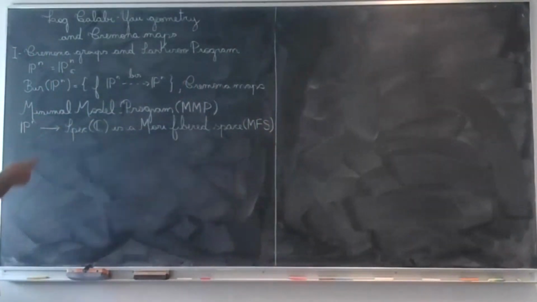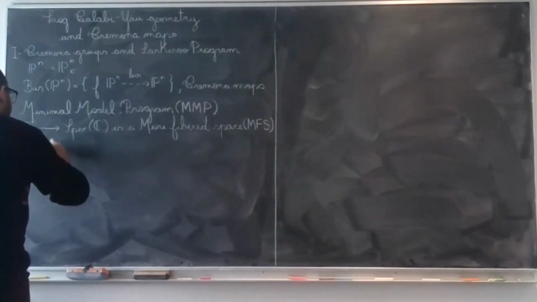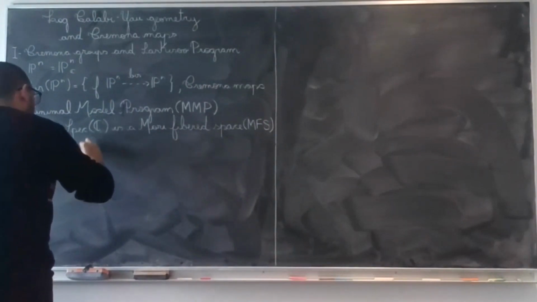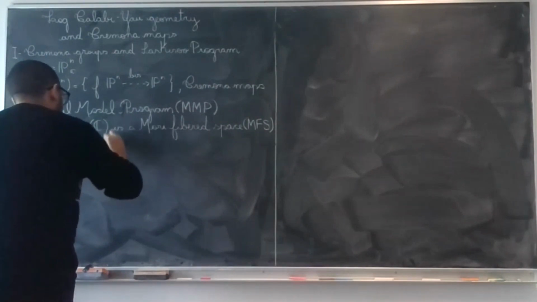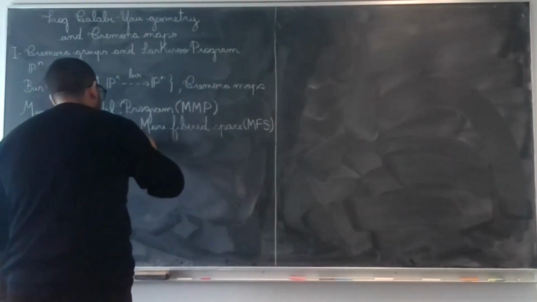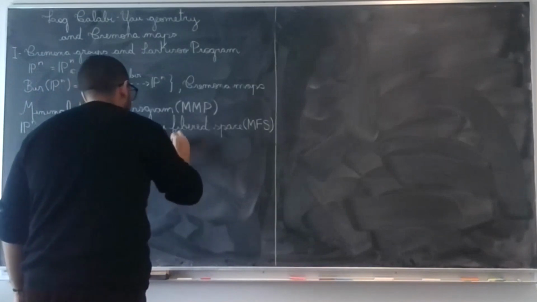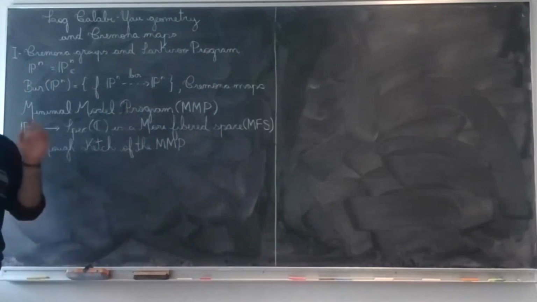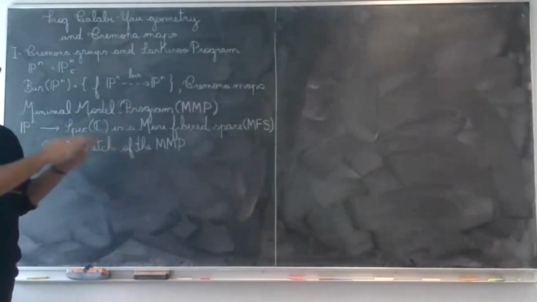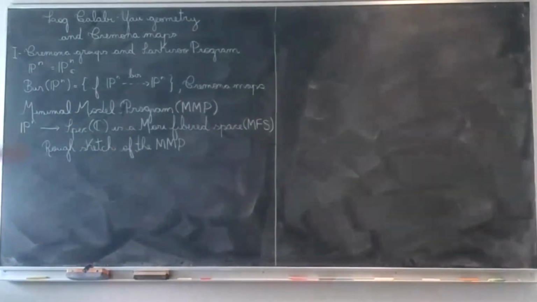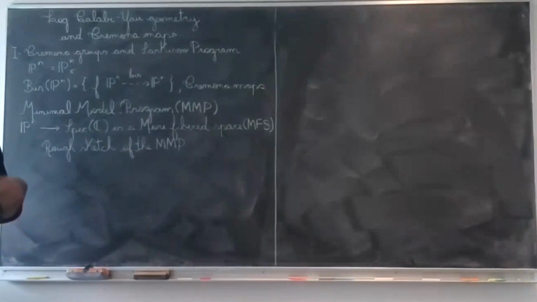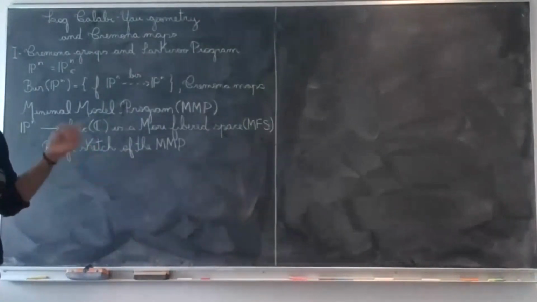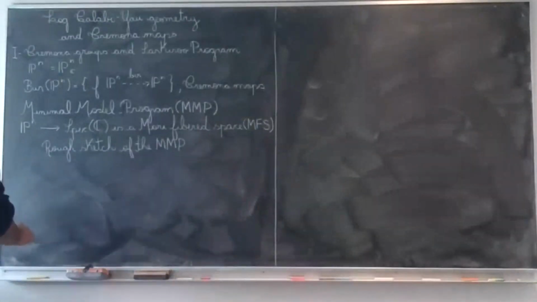And now I will give you just a rough sketch of the MMP. Essentially, the idea of the MMP is, given a projective variety with mild singularities, at least manageable in this context, to try to find a distinguished representative of the birational equivalence class of this variety, which is simpler in some sense.